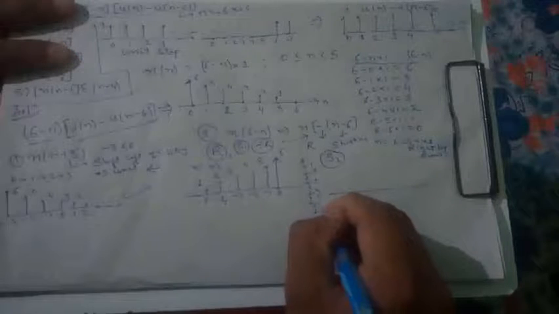That means 1 unit shift, 2 unit shift, and after 6 units of shift, this is shifted by 6 units. So 0 goes to 1, 2, 3, 4, 5, 6.